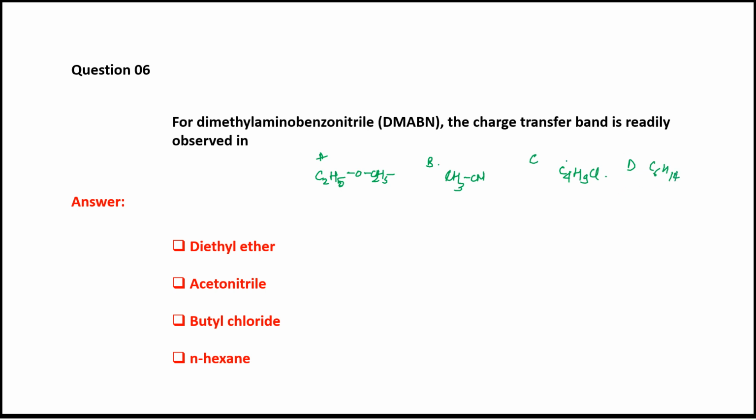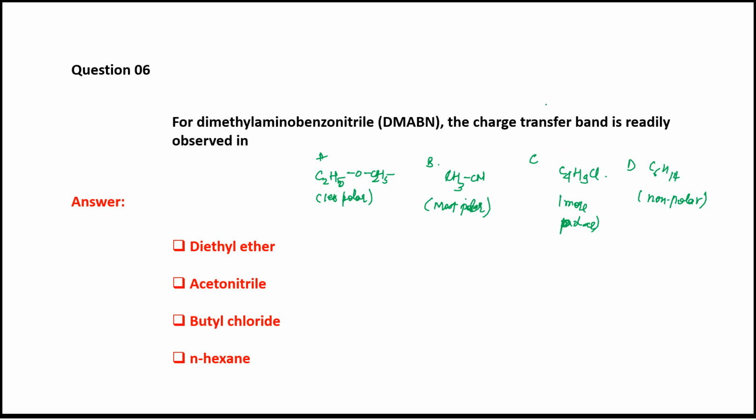C6H14, right? Now in each of these cases, say this is the nonpolar medium. Compared to the other two, this is less polar. This is more polar. And this is the most polar.